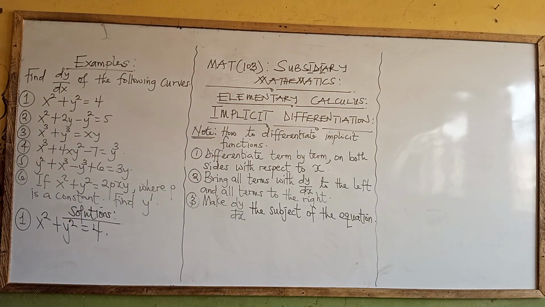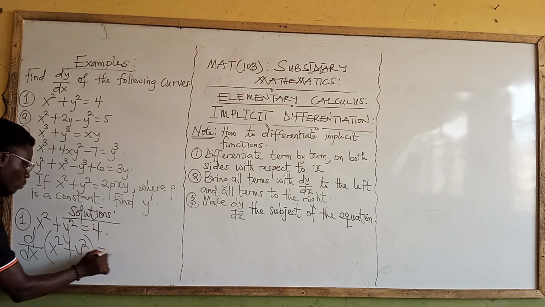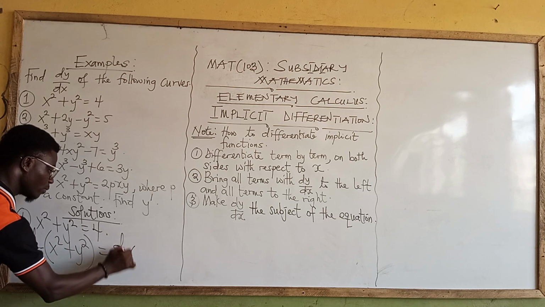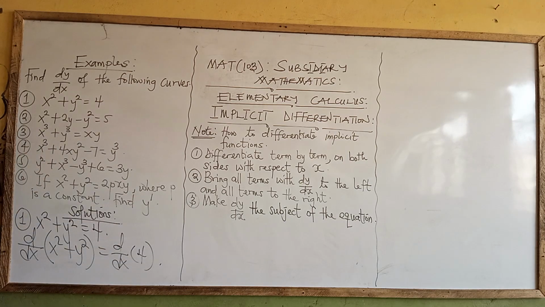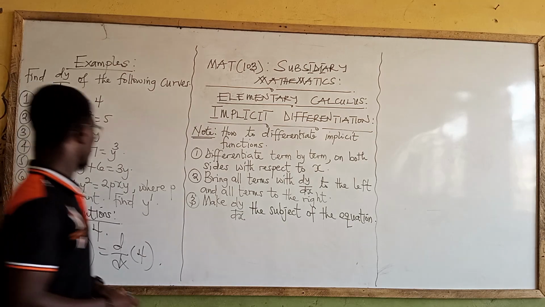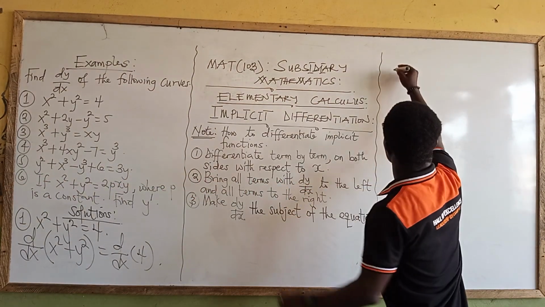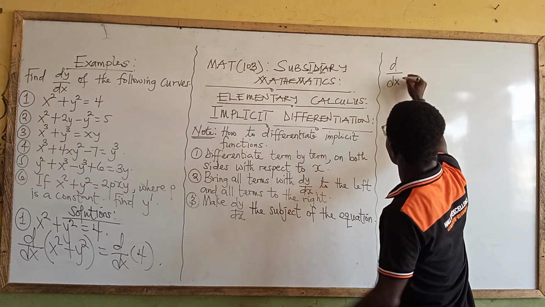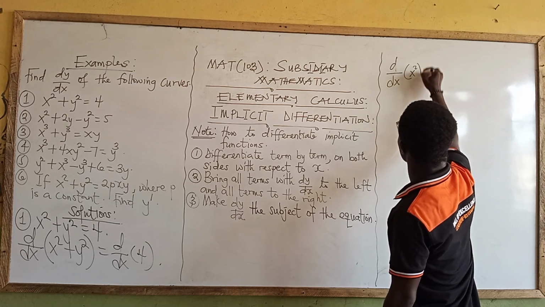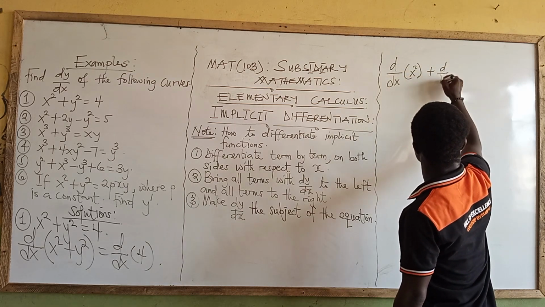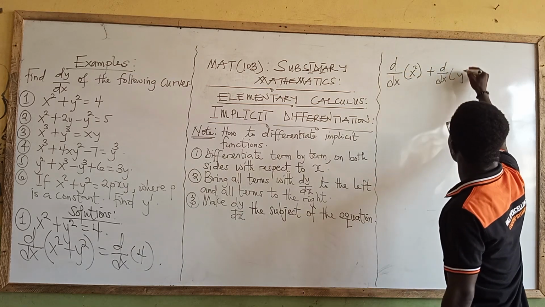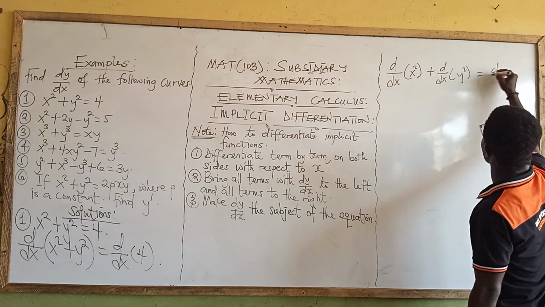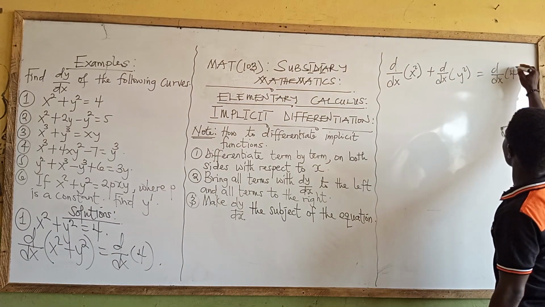So differentiate the whole expression: d dx of x squared plus y squared equals d dx of 4. So differentiate with respect to x of x squared, plus differentiate with respect to x of y squared, then differentiate with respect to x of 4.